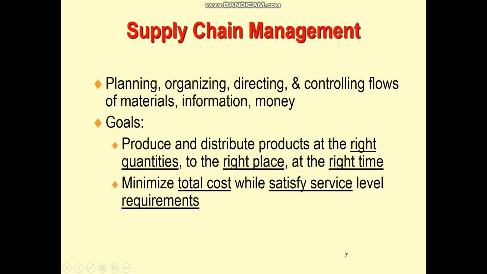And the objective of managing the supply chain is to produce and distribute the products at the right quantity, to the right place, at the right time. So remember this.